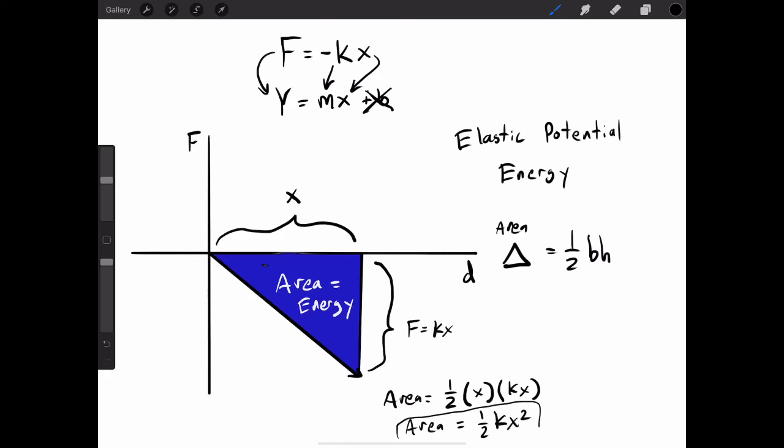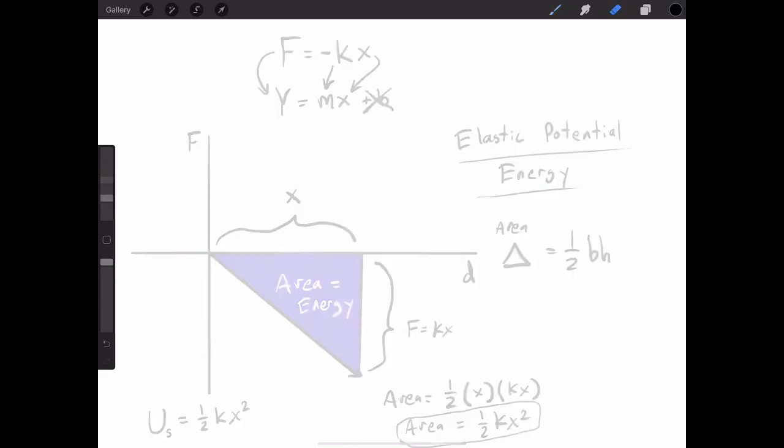All right, that's an important result. So the area, remember we said, was the elastic potential energy. So I'm going to write this over here as U, remember that's potential energy, of S, so that's spring potential energy, equals 1/2 k times x squared.